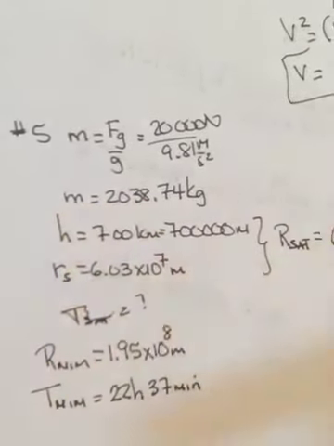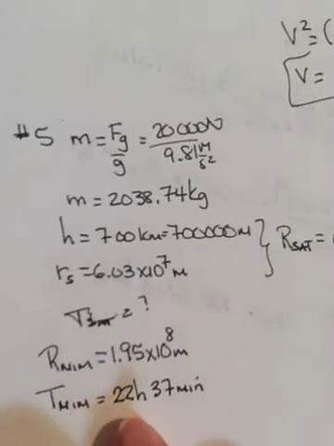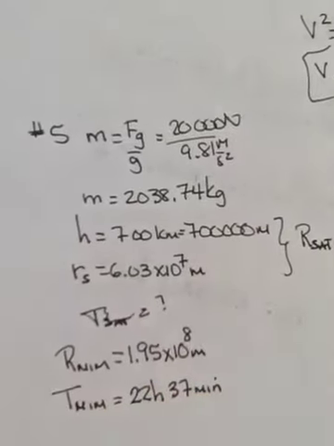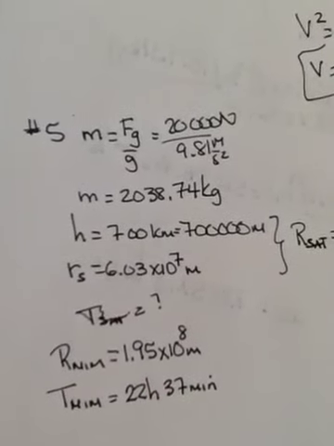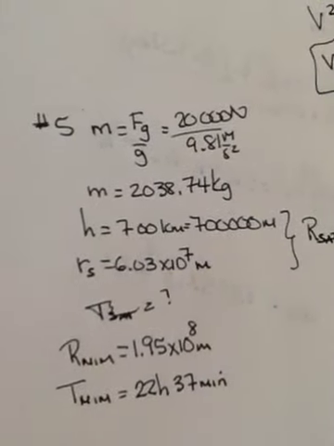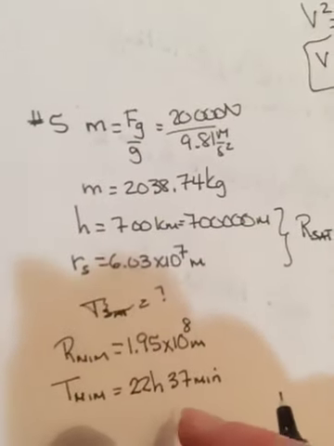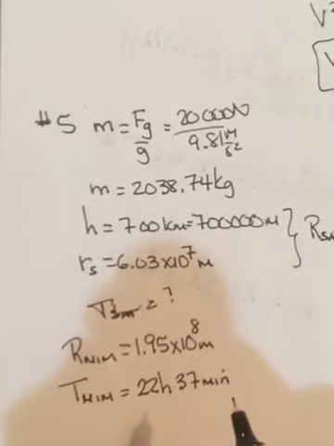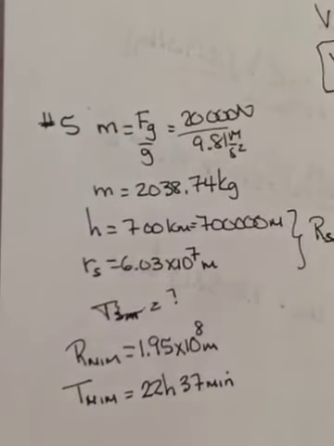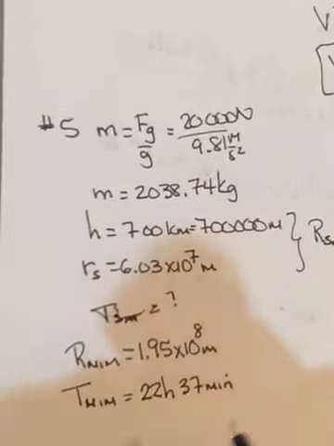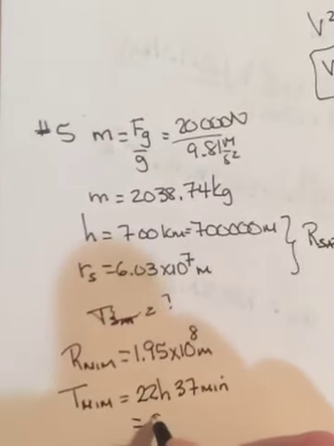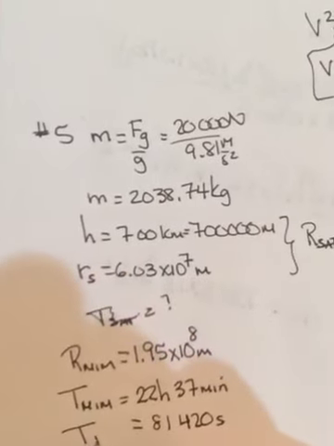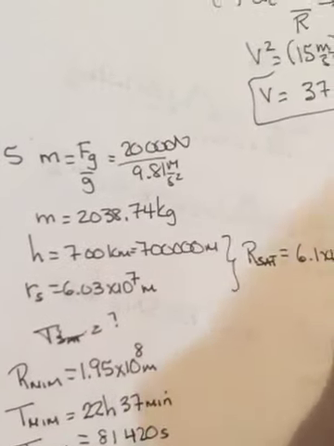So take your calculator and multiply the 22 hours by 60 to get the number of minutes, and then add the 37 minutes to it, and then multiply that by 60 to change it into seconds. When you do all that, you should get 81,420 seconds, which is what we will use over here.